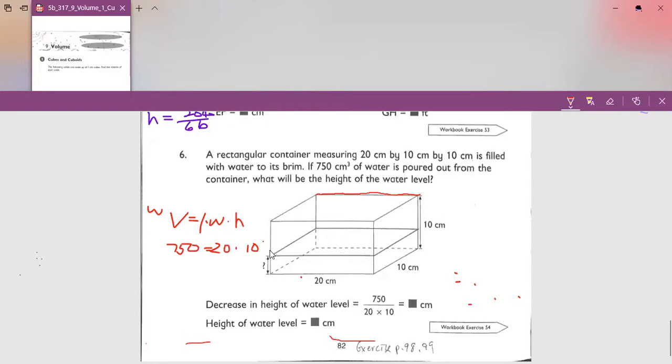And then we don't know the height. So it says over here, basically we want to do 750 divided by 20 times 10. Grace, what is 20 times 10?